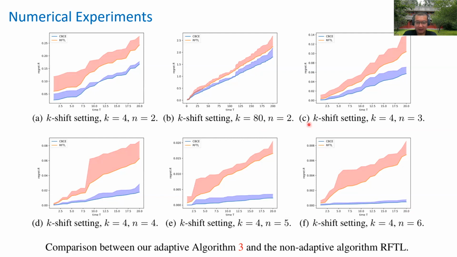But we have conducted experiments, for instance in the K-shift setting, with the number of qubits being, for instance, 6 qubits. Along this, our quantum algorithm still outperforms the previous classical state of the art. You can see that the red shadow region is our result, so we have a consistent improvement compared to the previous algorithm. So we have confidence that, in general, our algorithm is going to perform well for predicting the state online, even when the states are changing.